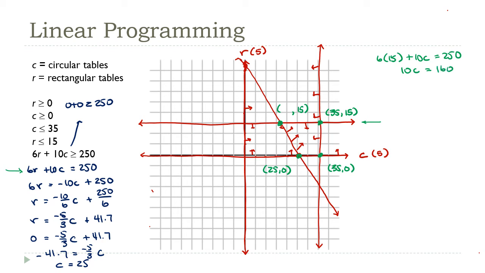Sorry, 160. So c is equal to 16. And I feel good about that, right? It's to the left of this point here, which was 25. And if you look at the scale, this is 5, 10, 15, and it's a little further over than that. There's always some inherent inaccuracy in diagrams, but yeah, I'm feeling good about that. That feels good as the coordinate of that point.